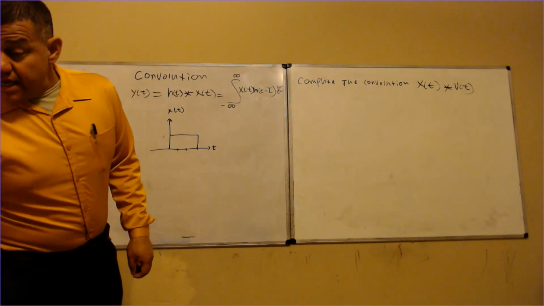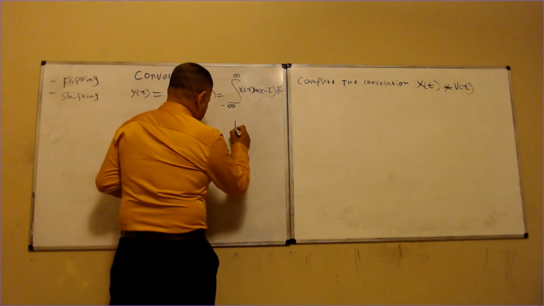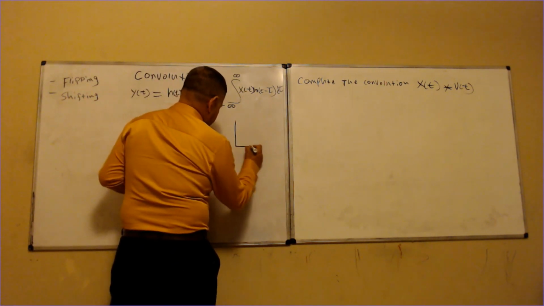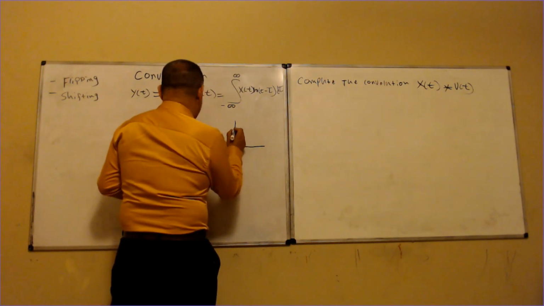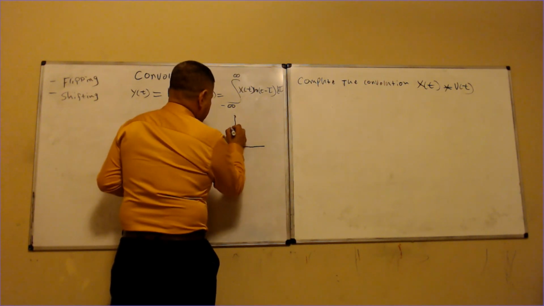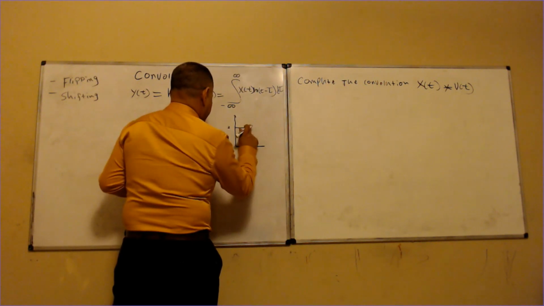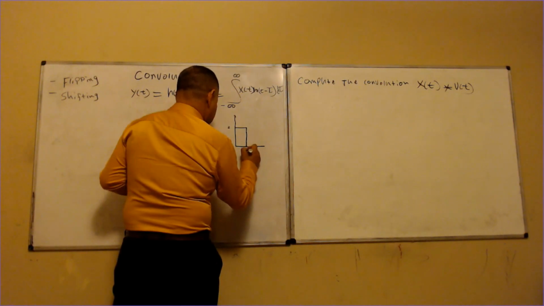And the other one is like this. It's a height of 2, and it goes like this, but it's narrower, at time equal to 1.